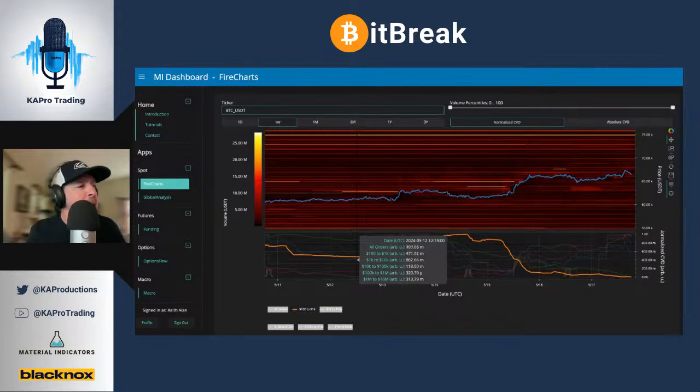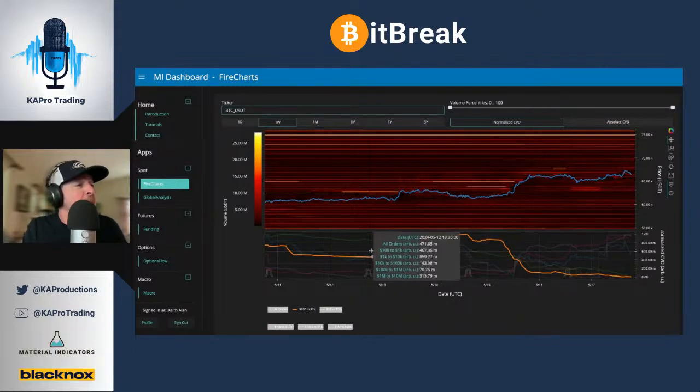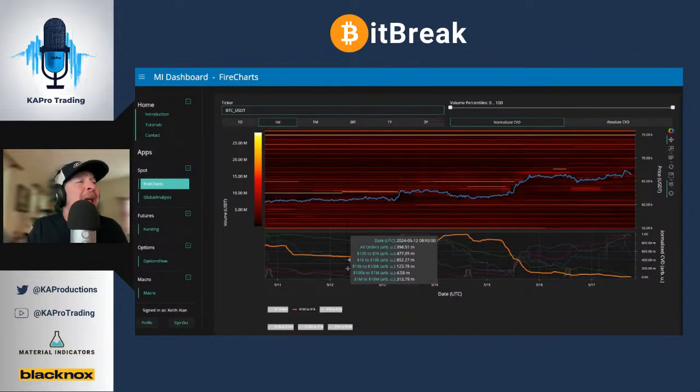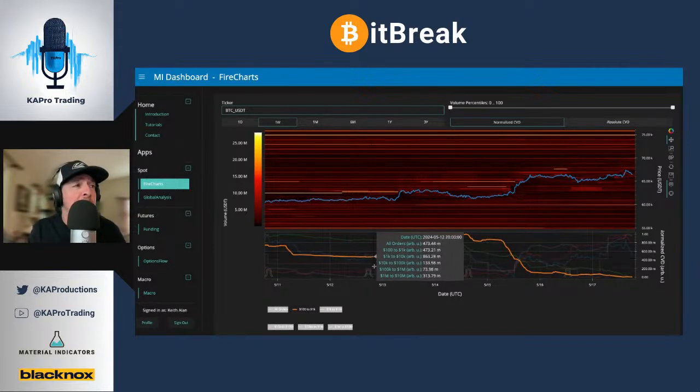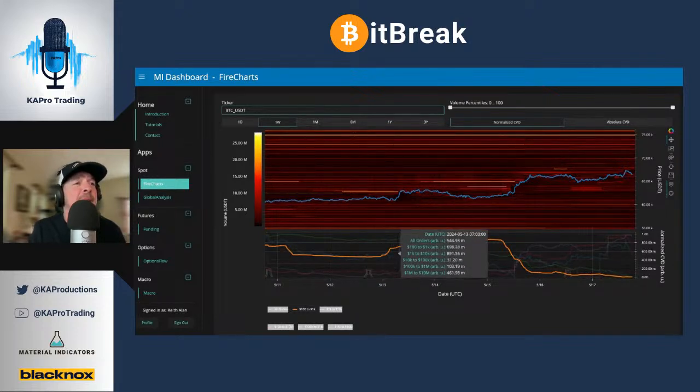In recent years, especially the last year or two, we have seen whales using these smaller order classes for a number of reasons. Sometimes it is to disguise what they're doing. Sometimes it is to TWAP, that's time-weighted average price, buying or selling, and to do so at scale. And other times it's simply because there's not enough liquidity in the books to make big whale size orders.